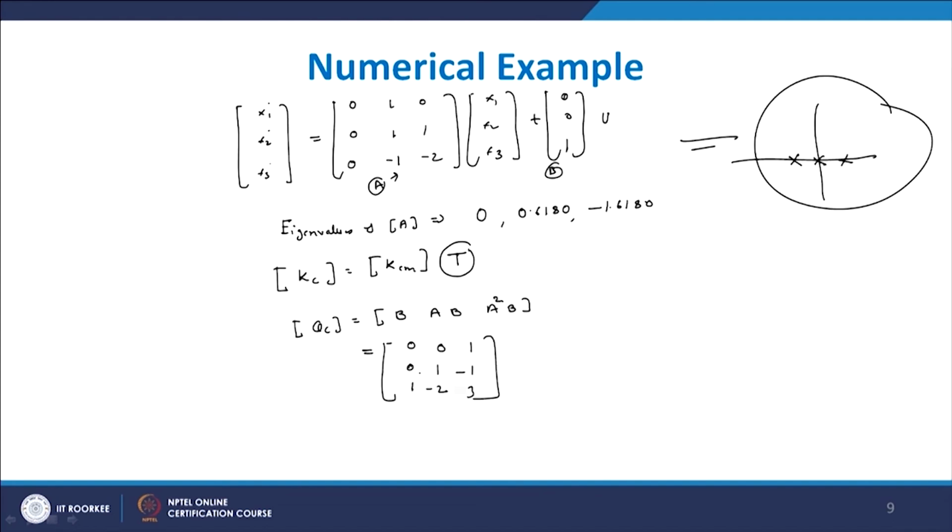Now, if you determine the determinant of this matrix, we find it is non-zero, and therefore we can easily get the controllability inverse QC inverse as minus 1 2 1, 1 1 0, 1 0 0. So, the system is controllable, therefore we can design a controller.